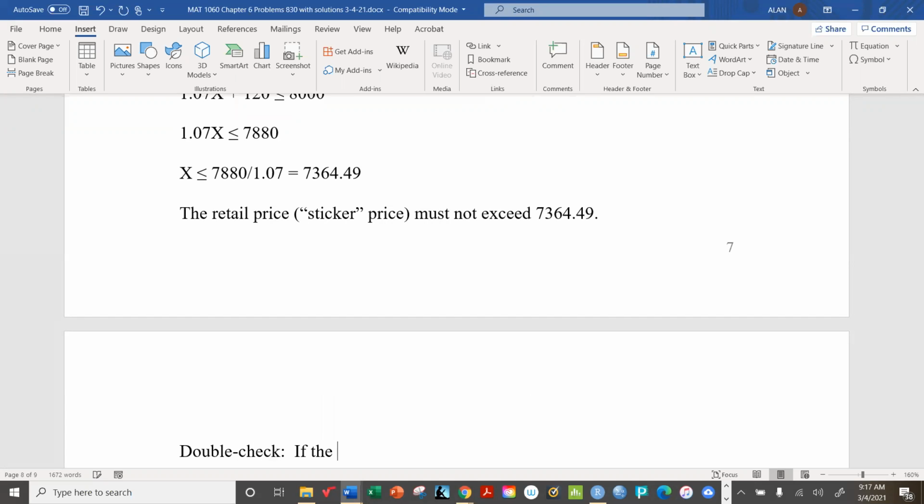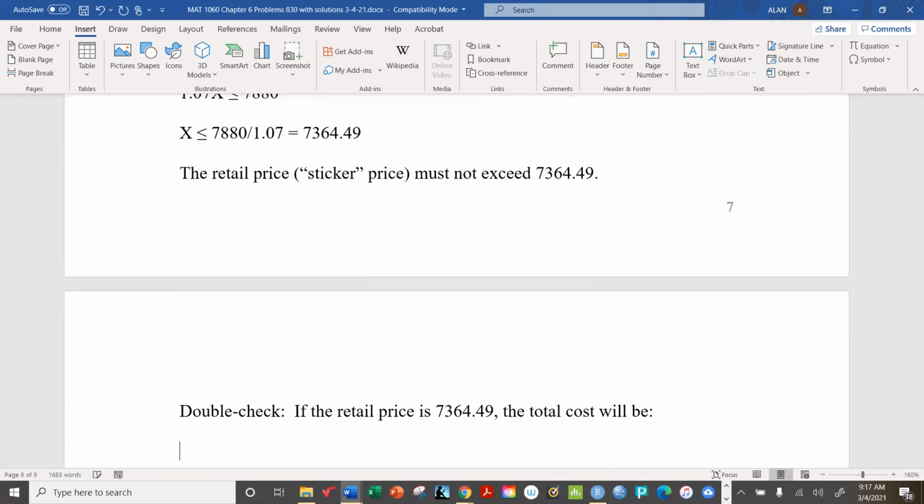If the retail price is indeed $7,364.49, the total cost of the car, so we'll have the $7,364.49 plus the sales tax, whatever that is, plus 120.